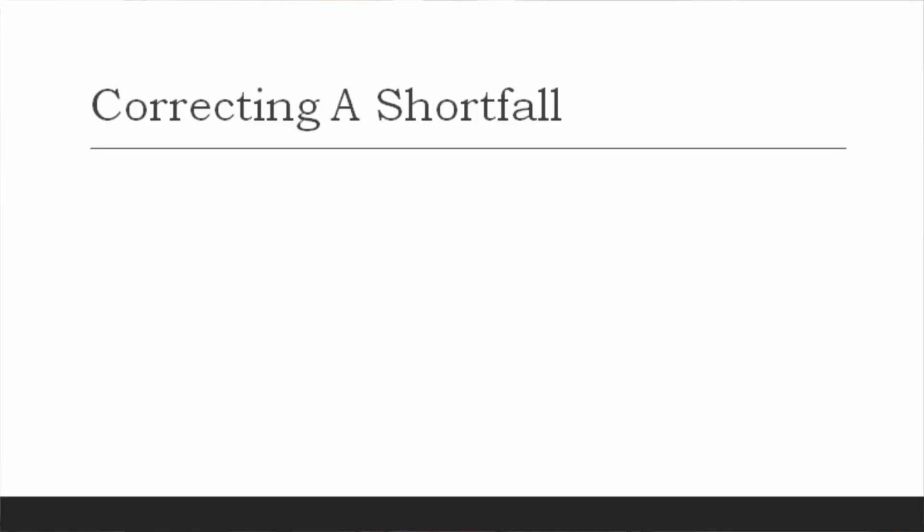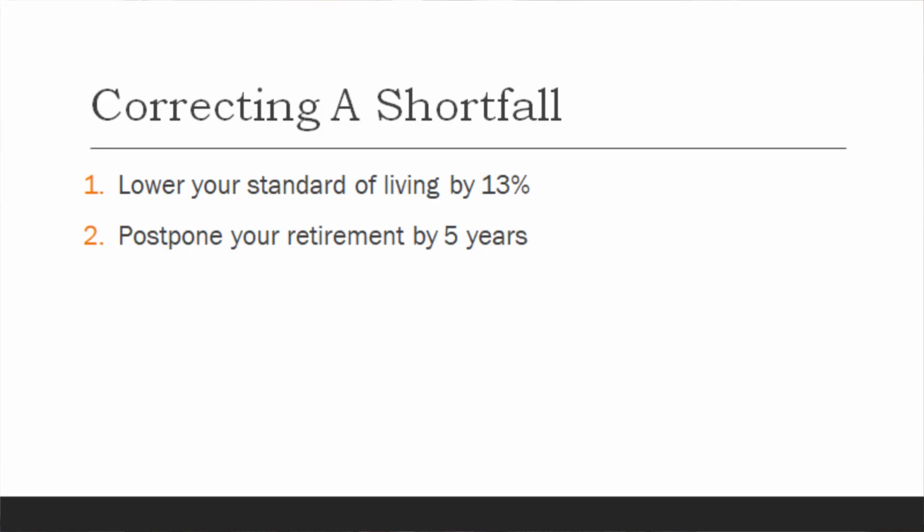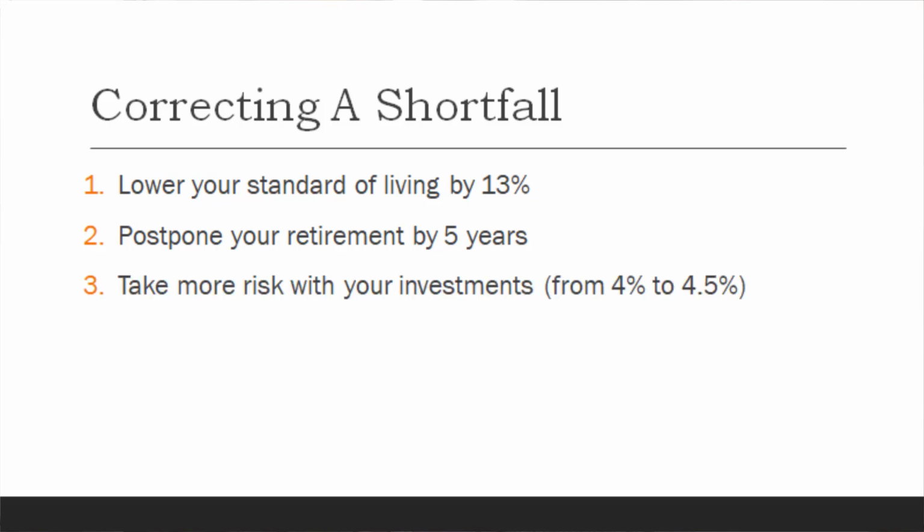You can try to correct this mistake. First, you could lower your standard of living by 13% a year. Second, you can postpone your retirement date by 5 years. Third, get a higher return on investment. In other words, instead of getting 4%, try to get 4.5%.